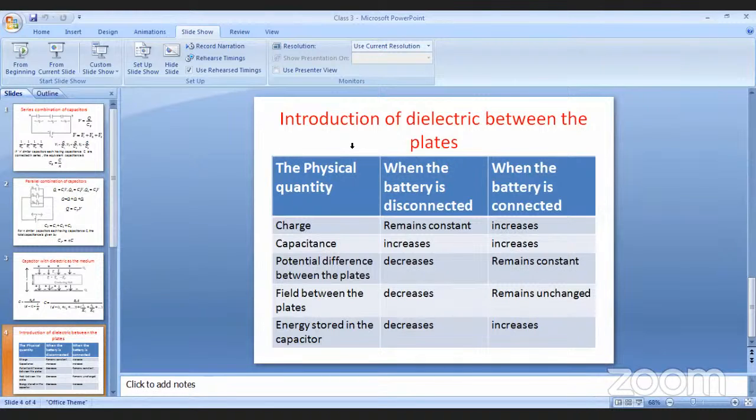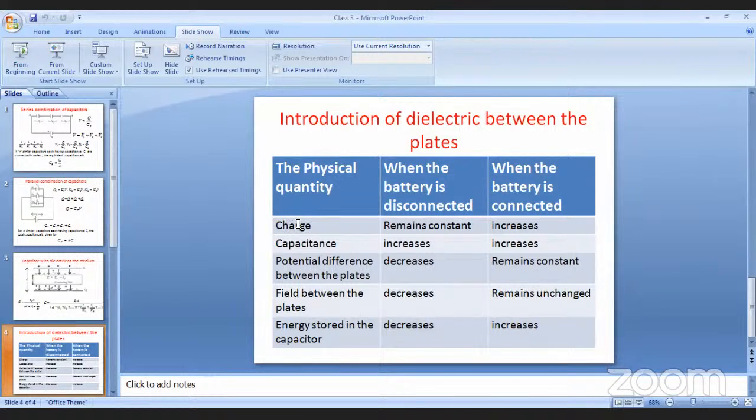You can have two cases here. That is, after introducing a dielectric material in between the two plates of a parallel plate capacitor, you can disconnect the battery, or you can retain the connection of the battery. What will happen to the different physical quantities in these two cases? That has been given in this table.